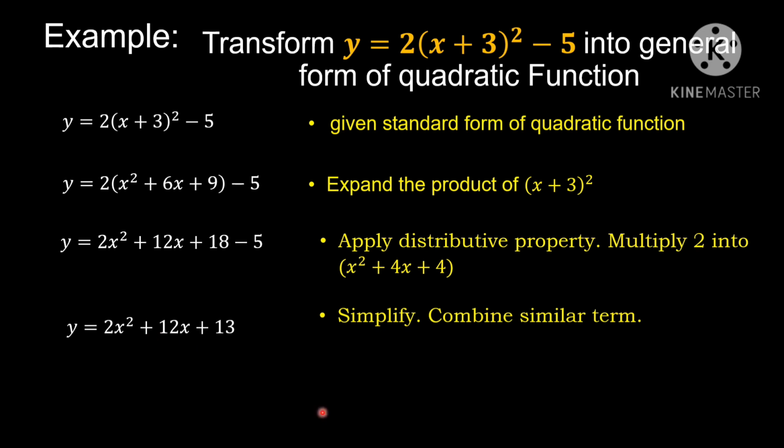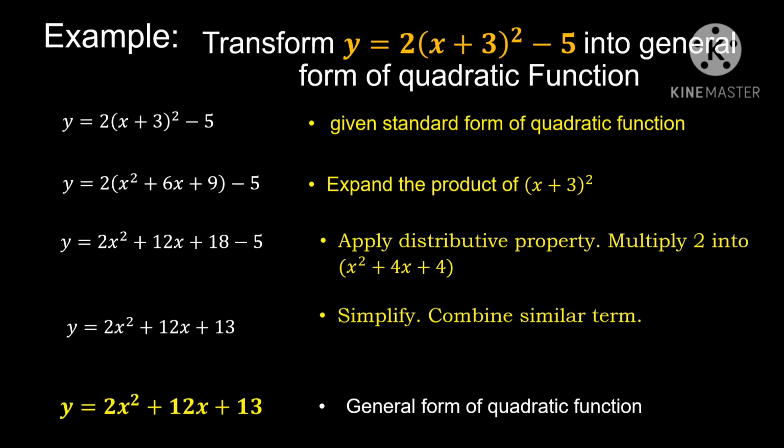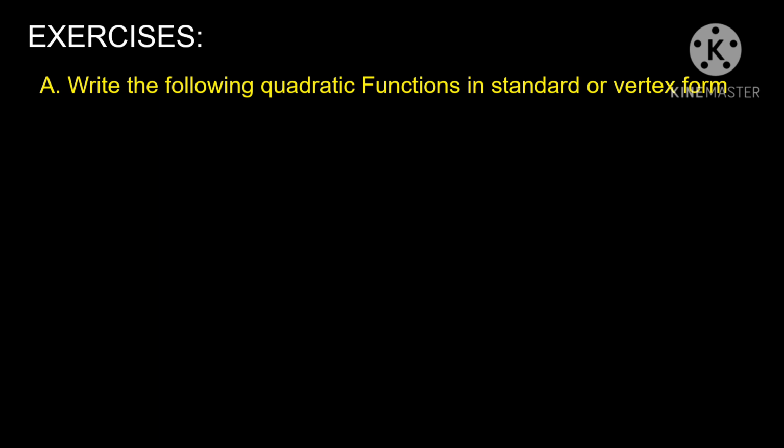Okay, so the result now, the general form of quadratic function, is y equals 2x squared plus 12x plus 13. Okay, so this time you try to answer these exercises. You can write the answer below the section. So you have A, write the following quadratic function in standard or vertex form.